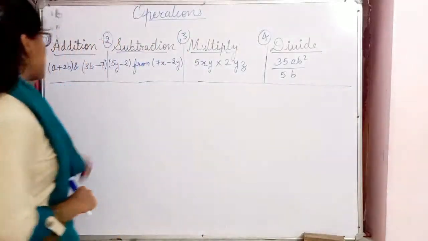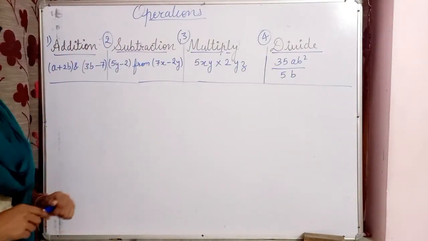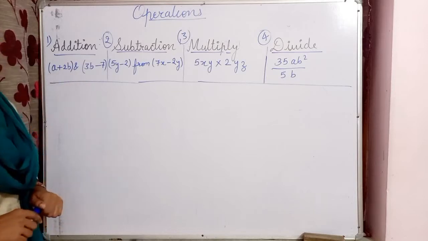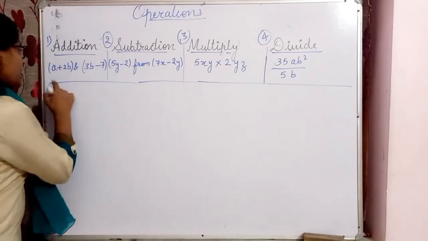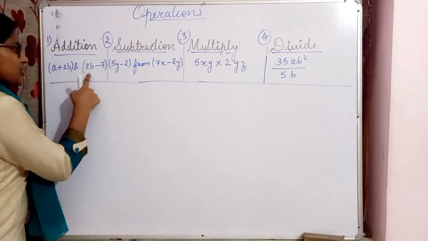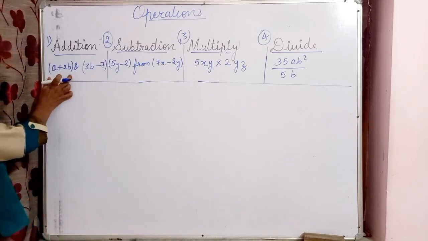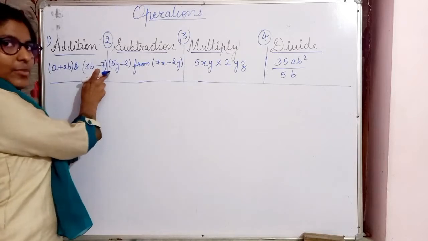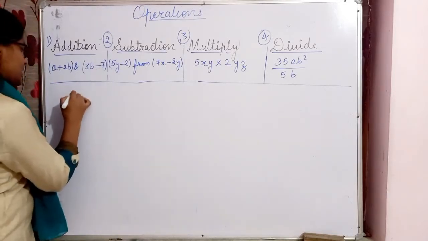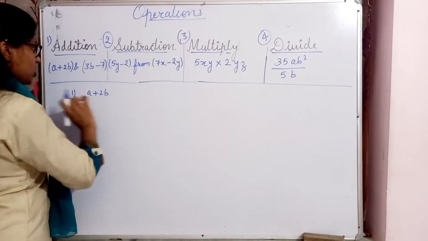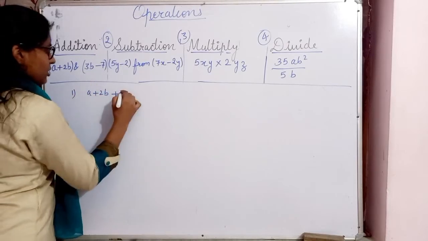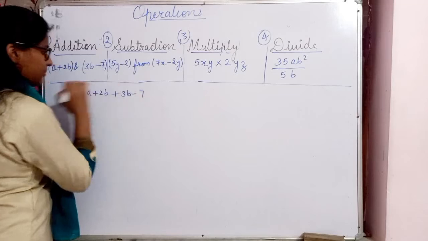Let's see with examples. In case of addition, how do we add two algebraic terms or expressions? See here. The first question is (a plus 2b) and (3b minus 7). This is one algebraic expression and this is the second algebraic expression. How do we solve it? Let's see. (a plus 2b), firstly open the bracket, plus (3b minus 7).